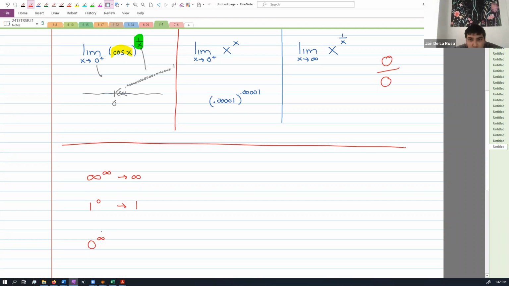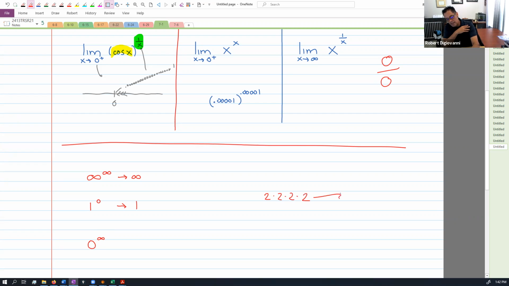Smaller, right? You have to be careful. Most people think that when you multiply a number times itself over and over, it gets bigger. Not always the case, right? If I take 2 and I keep multiplying 2 together, that's going to go to infinity, right? But if I take 1/2 times 1/2 times 1/2, and I do that forever, each time you're halving it, right?